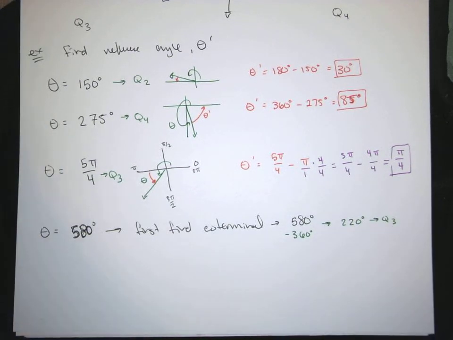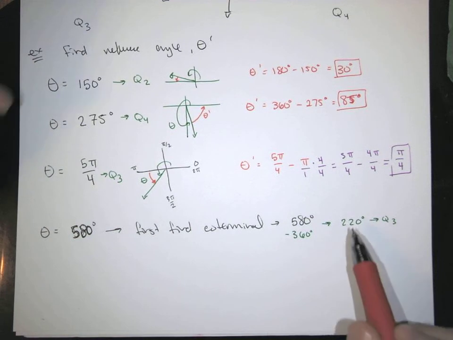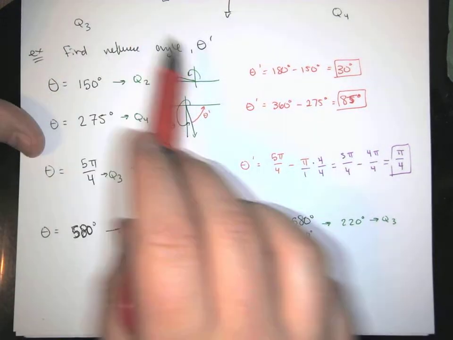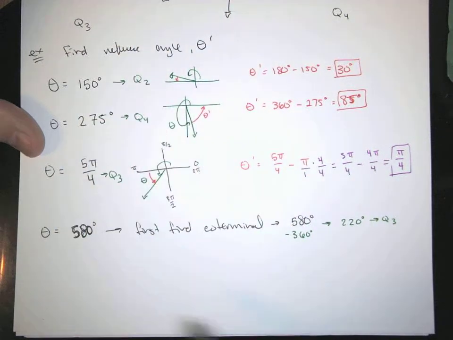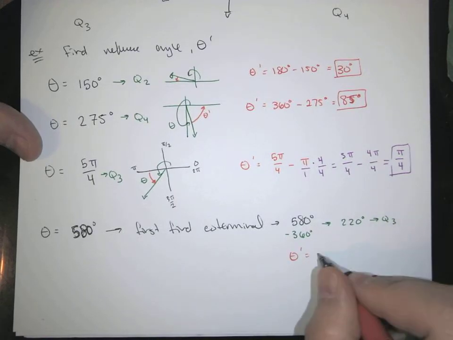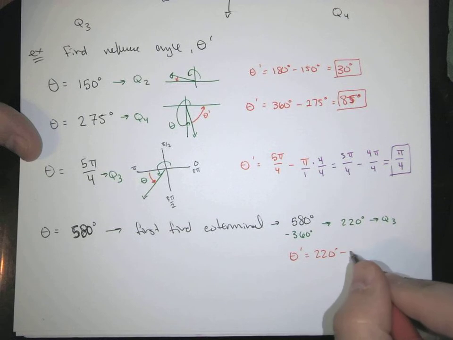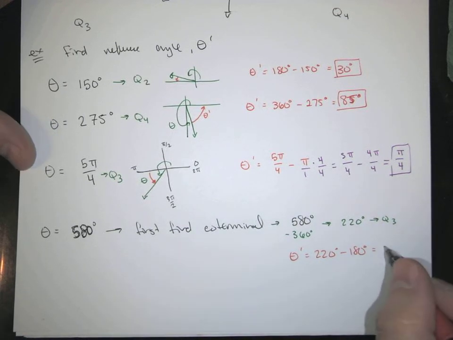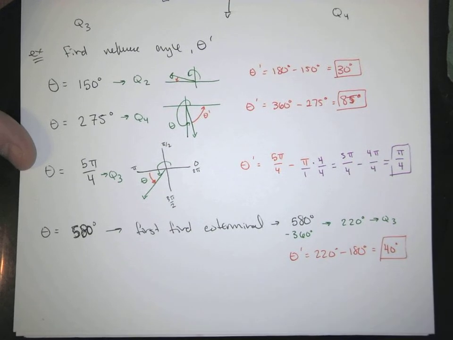So as far as our reference angle goes, these have the same positioning, which means that if we rotated 580, we'd go all the way around and then back to quadrant 3. So for our reference angle, we're just going to use 220. We'll subtract our 180 off of it, and we're going to be left with 40 degrees. So our reference angle there would be 40 degrees.